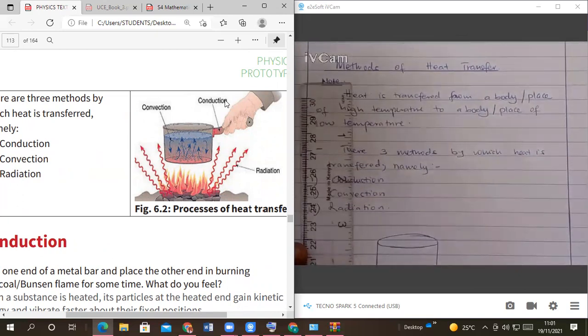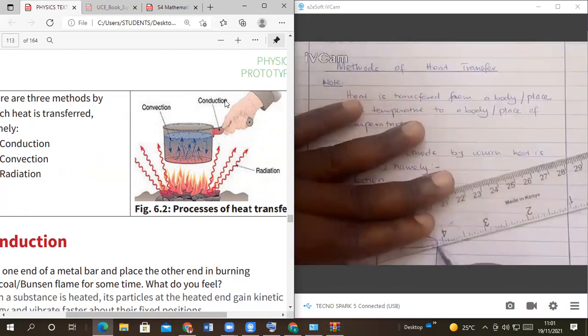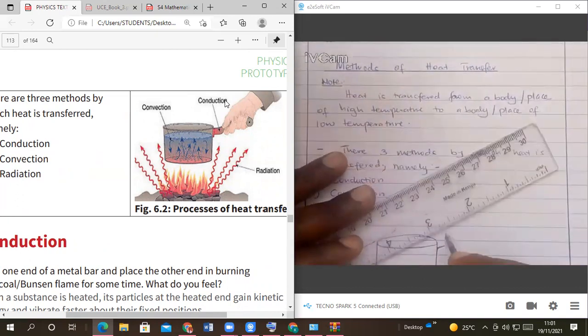And don't draw for me a yam. Sean. Yes, teacher. You must draw good diagrams, okay?